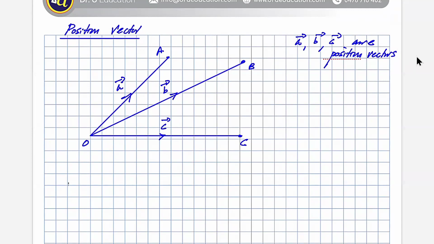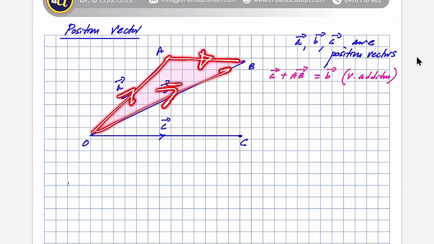Okay. So suppose you need to find AB vector. So AB vector, how do you write? You write A vector plus AB vector is equal to B vector. We call it vector addition. So how it works? A vector, AB vector, then this is going to be your resultant vector.